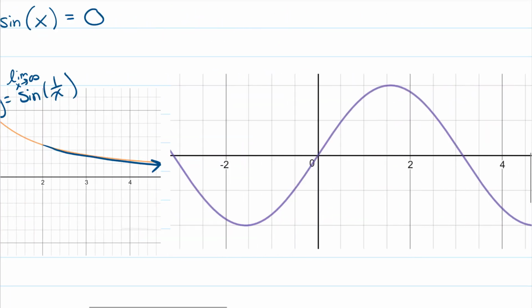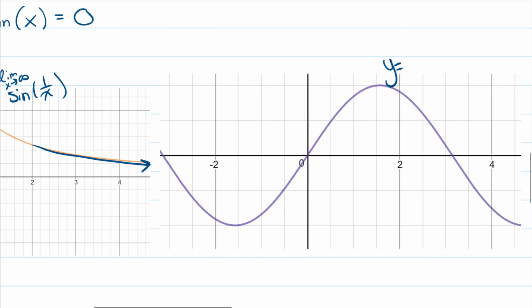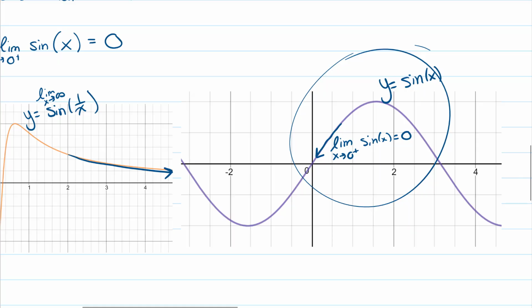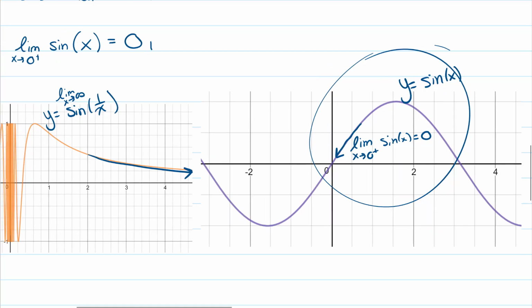Then we use reciprocal substitution, where y is equal to sine of x, and we see that as we approach 0 from the right, we get 0. So based on this piece of information and this one right here, the limit as x approaches infinity of sine of 1 over x is equal to 0.